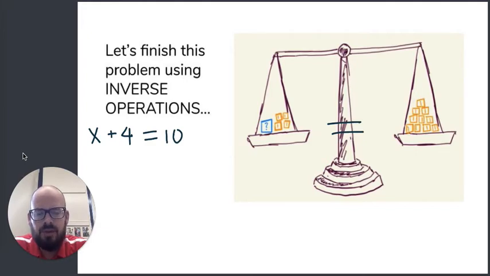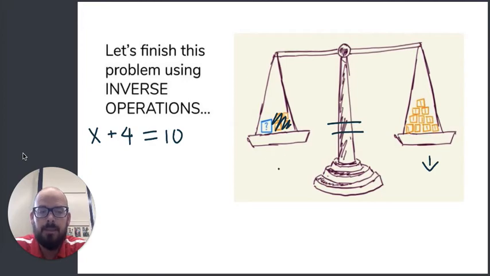Now, in the video on Khan Academy, they started by saying, okay, well, we want to get rid of these 4 blocks, right? We want just our unknown by itself. That's great. Now we get rid of the 4 blocks. But what happens? If we just get rid of something on one side, it's going to go up. It's going to be lighter. The other side's going to go down because it is now heavier. Now there's no equivalency.